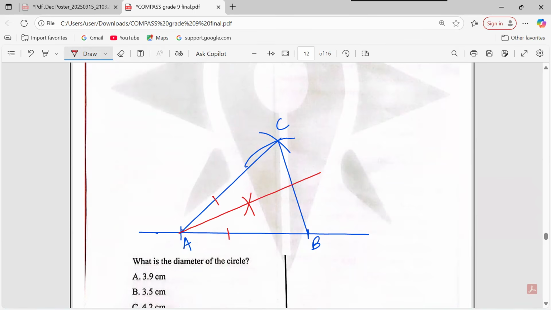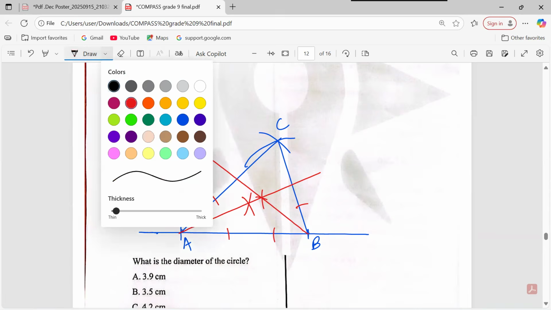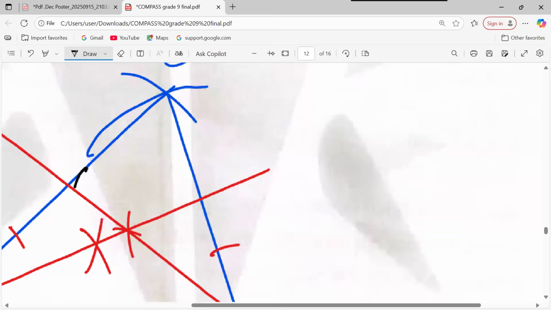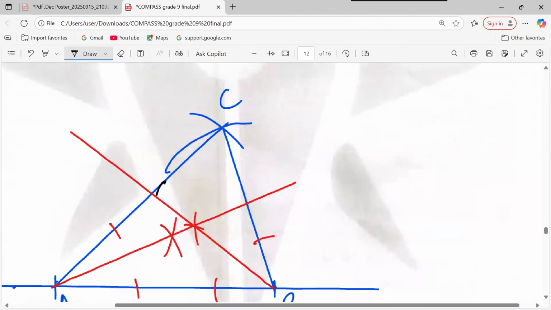Then we also use B, make an arc like that. Standing there, we make arcs again. So you see, the two bisectors of the angles are meeting at some point. So when you use that as the center, you will be able to draw this particular circle, which touches all the sides.